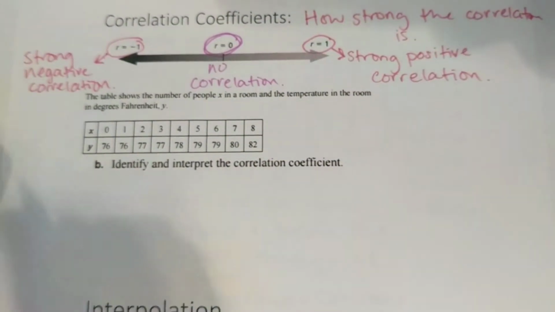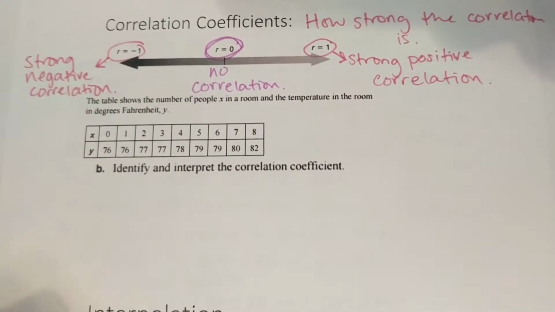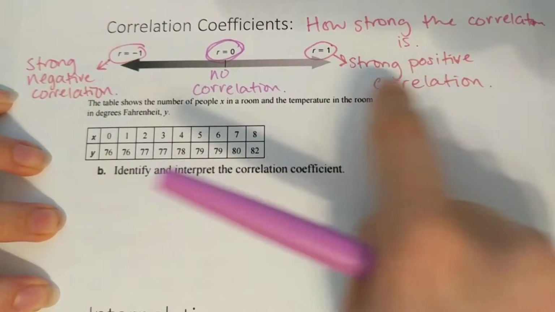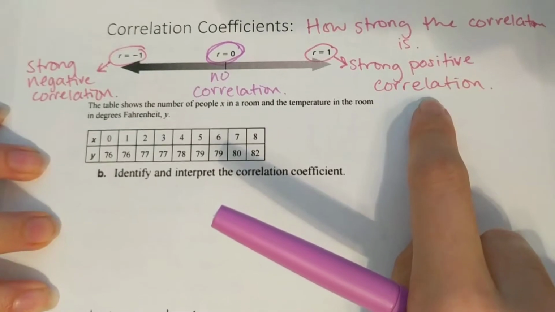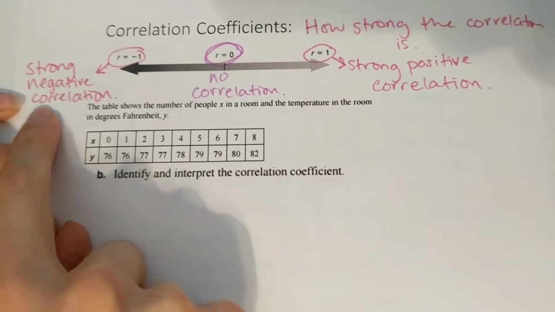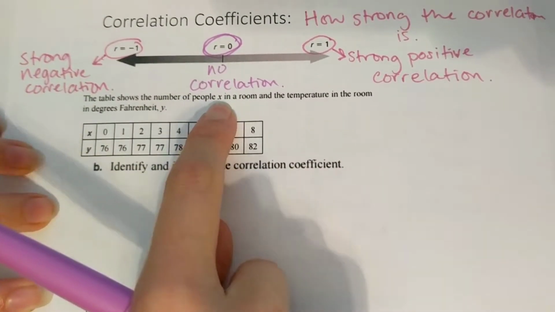Then our line of fit wouldn't be very good because the points are all scattered everywhere. So if it's closer to a strong correlation, or a strong negative correlation, that's good. But if it's closer to 0, then that's not good.